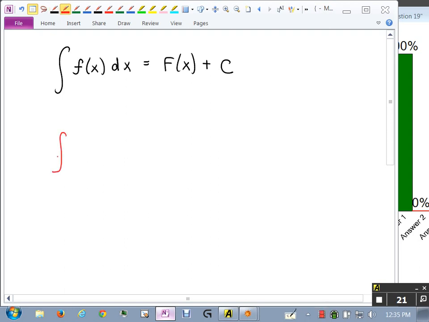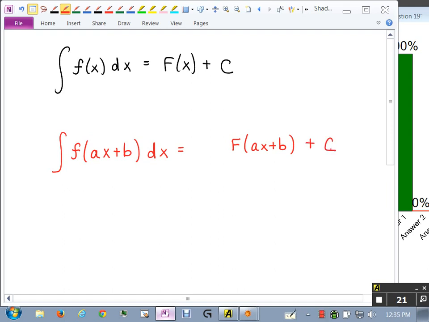So look at this. If you have a function, and inside of it you have a linear expression, the antiderivative of this should always be capital F of x with that linear function plugged in, plus c.